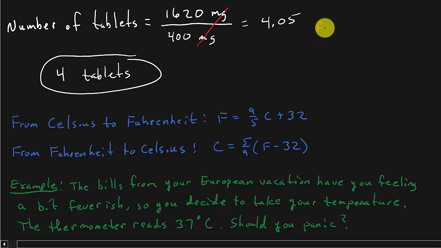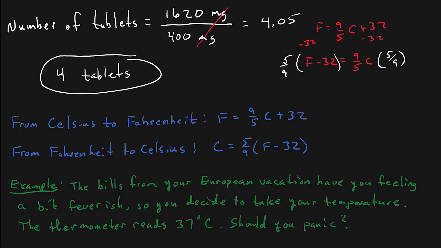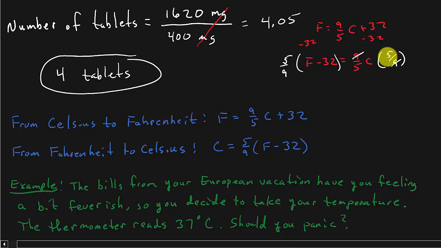So if we've got F equals 9/5 C plus 32, well, if I subtract 32 from both sides, I get F minus 32 equals 9/5 C. And then to get rid of the 9/5, I would have to multiply both sides by 5/9. Okay, because what that'll do is cancel out that 9 and that 9, that 5 and that 5. And so I'm just left with C equals 5/9 times F minus 32. And you can see that's that formula right there.